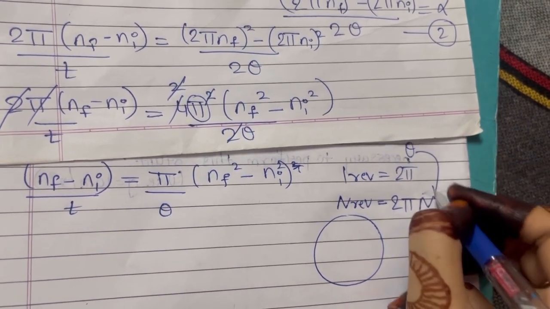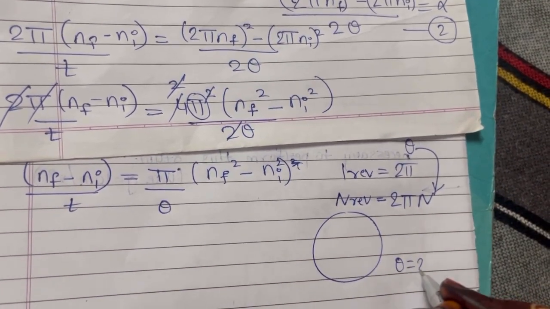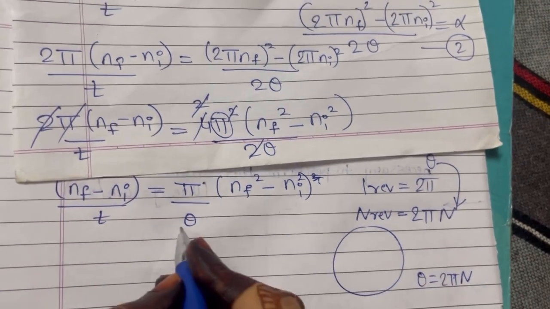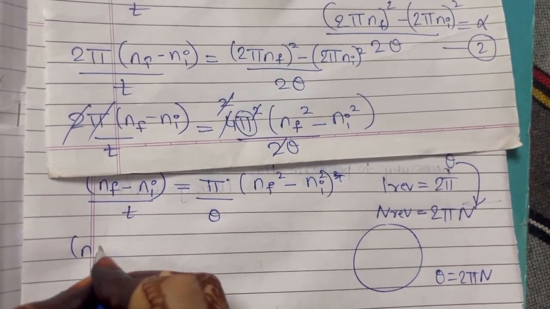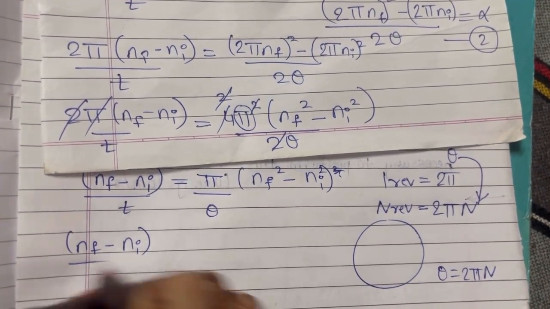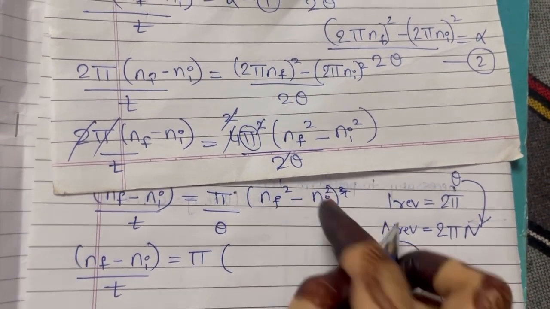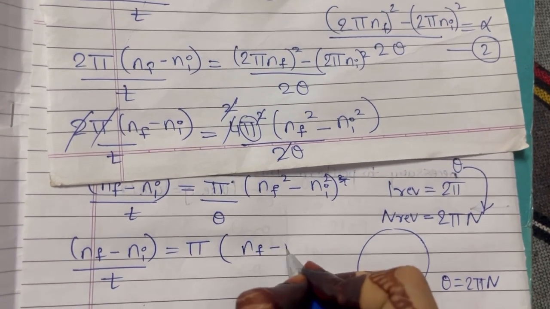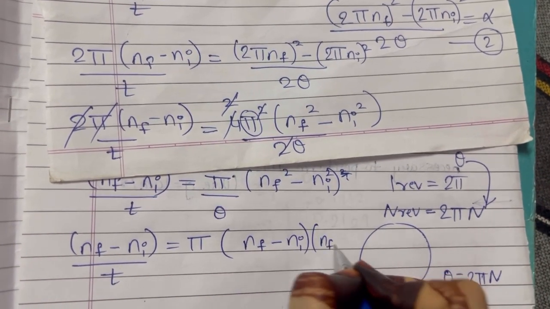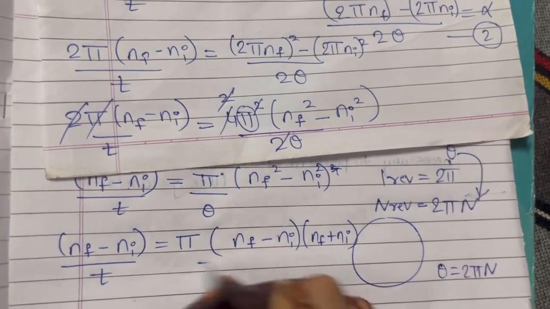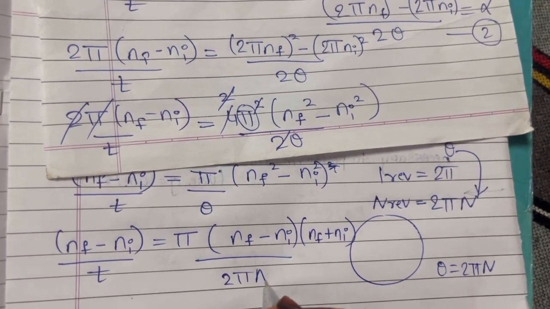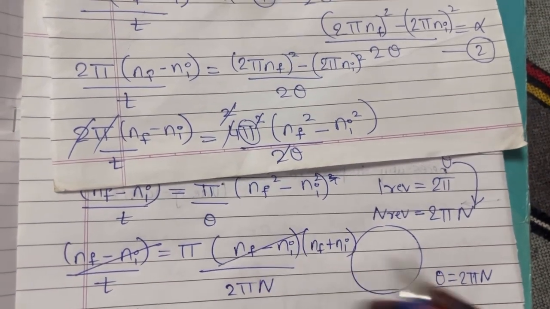So this is the formula of theta: theta is equal to 2 pi n. So in place of theta, nf minus ni upon t is equal to pi, and here we'll apply the formula a square minus b square. So a minus b and a plus b, and in place of theta I'll write 2 pi n. So this and this will get cancelled.